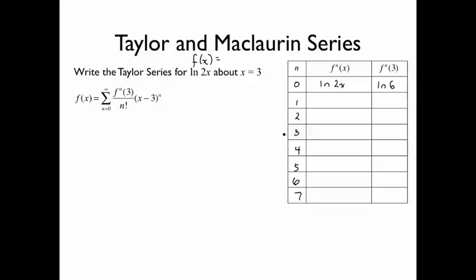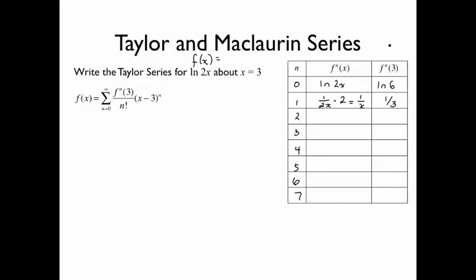Now the first derivative is going to be 1 over 2x times 2, by the chain rule, right? Which gives us 1 over x, evaluated at 3, 1/3. Check my math.